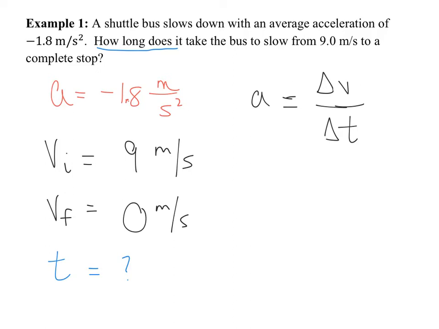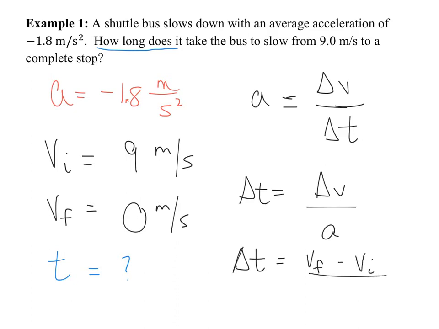Multiply by time, which brings it up here, and then divide by acceleration, bringing it down here. So literally switch these two positions. So we've got time equals change in velocity over acceleration. Our time period equals Vf minus Vi over acceleration. That's what change in velocity means.